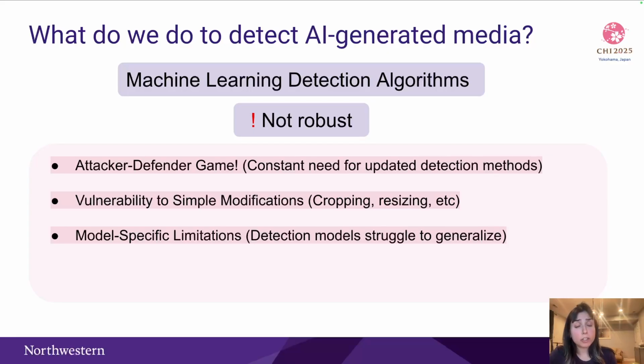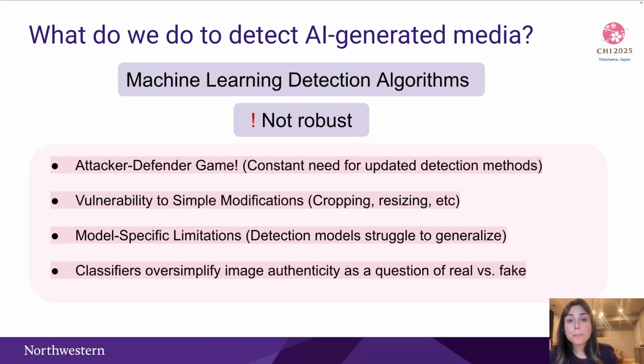Moreover, each generation method leaves different patterns. Detection performance significantly drops when architecture changes. On the other hand, these classifiers often simplify image authenticity as a question of real versus fake and ignore the critical reasoning about component parts and sub-questions that an ordinary person may consider when evaluating an image's authenticity.